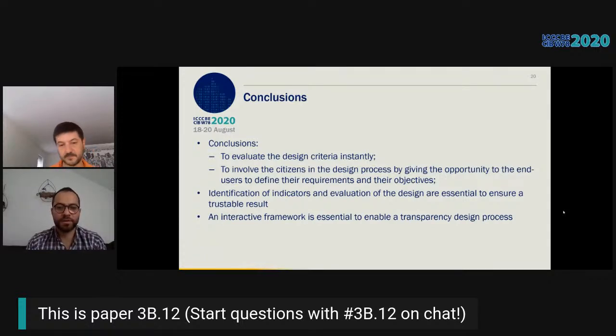So as a conclusion, we conclude that this prototype can provide an evaluation of the design criteria in an instant way, enabling the end users to understand the design solution more and to involve them in the design of their own future.